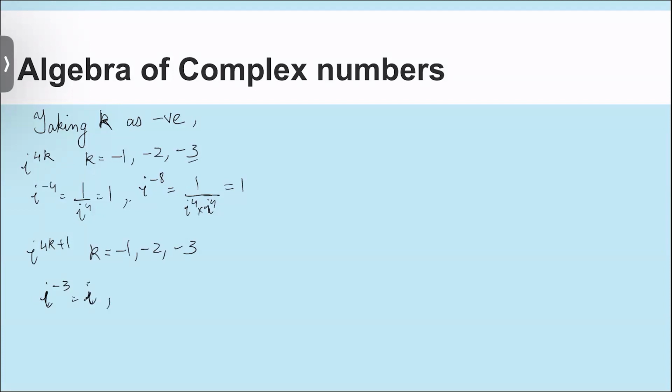And then if you have -8 plus 1, so -7, let's try to solve this. 1 upon i^7 is equal to 1 upon, simplifying this in the general form, i^4 times i^3. Now i^4 is 1, and i cubed is -i, so it is 1 upon -i, which is also equal to i.